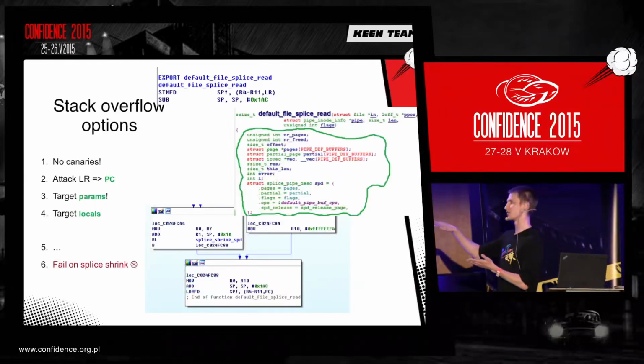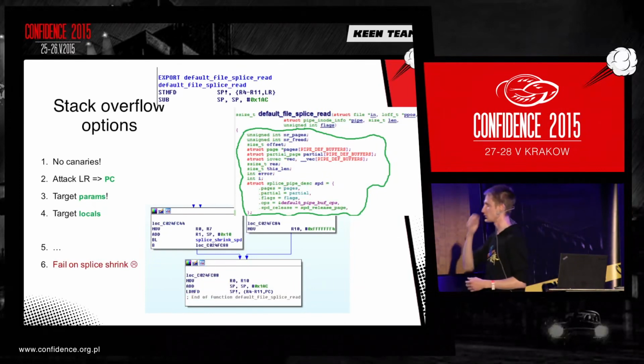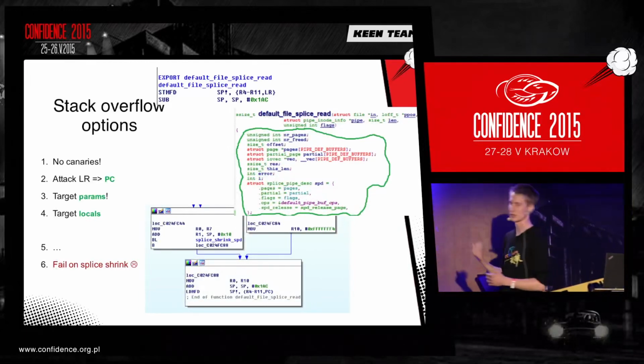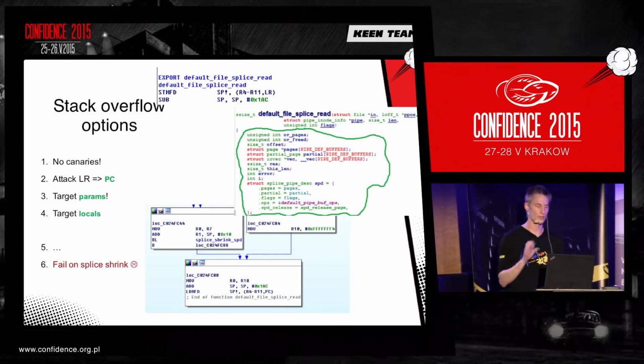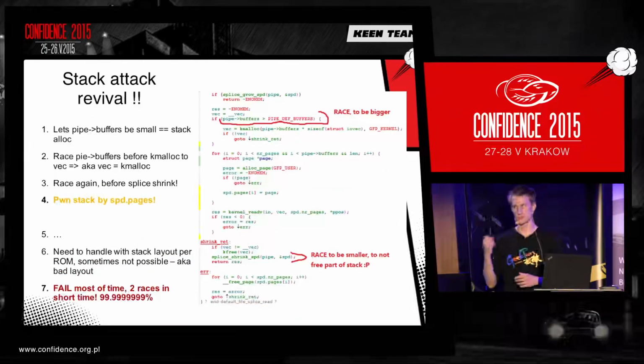In this case it's possible because there are no canaries included in the Linux kernel in Android in this function. And you can target the return pointer, or the params or local variables. But every time you target different ROMs, you have to adjust, because the stack will look different.